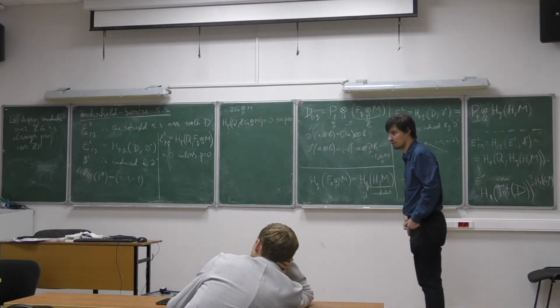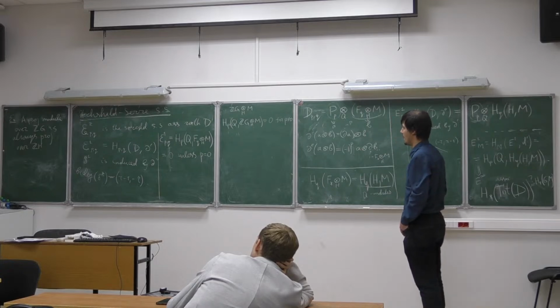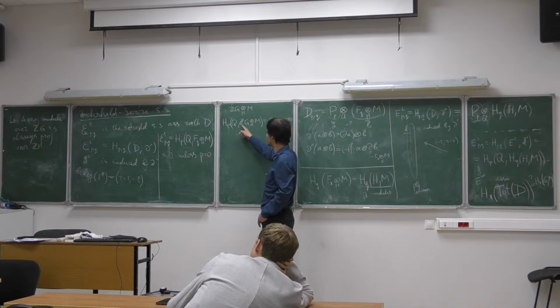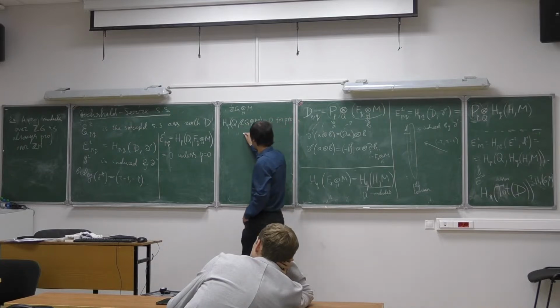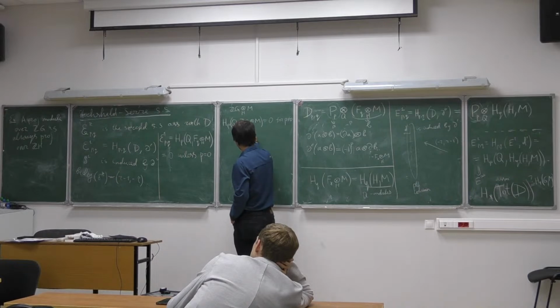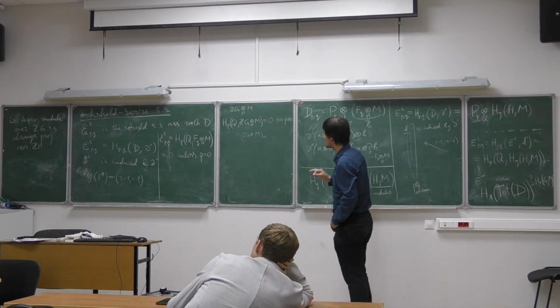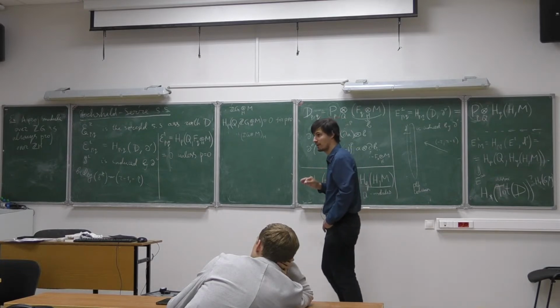Why is this true? Look, how does this module look? We need to take the tensor product of these two H-modules and we need to take coinvariants over H. Well, for a moment, let us write down another module.